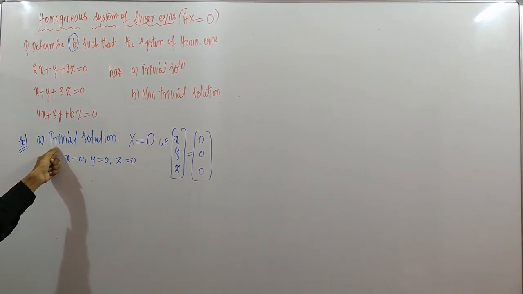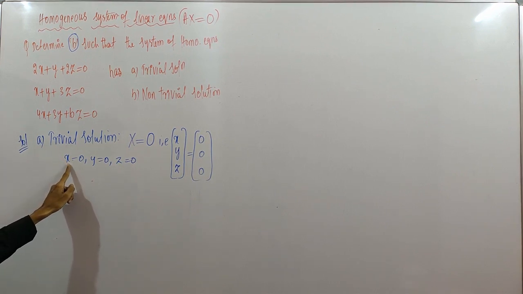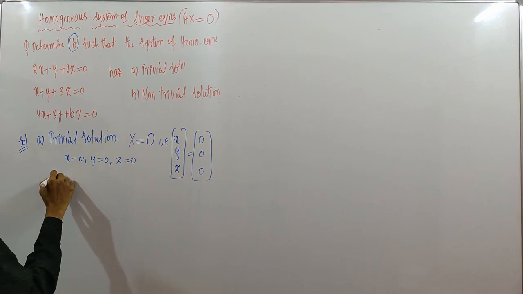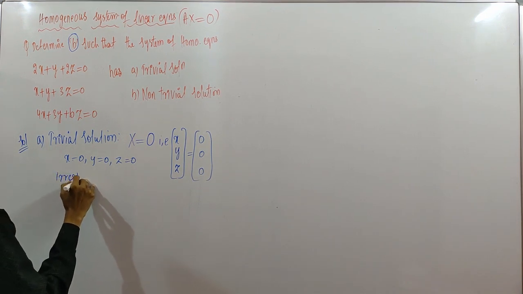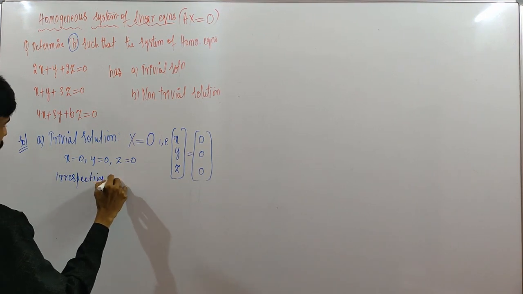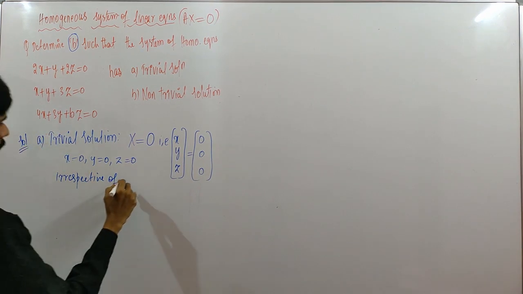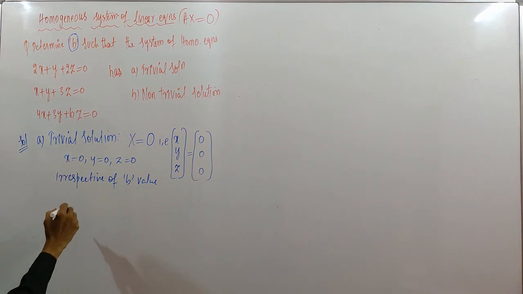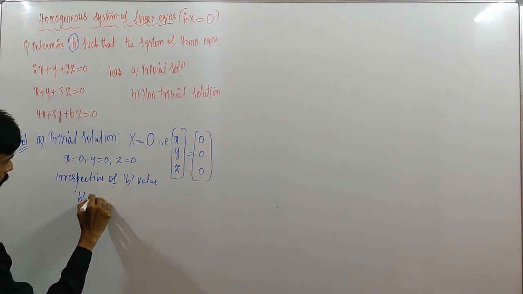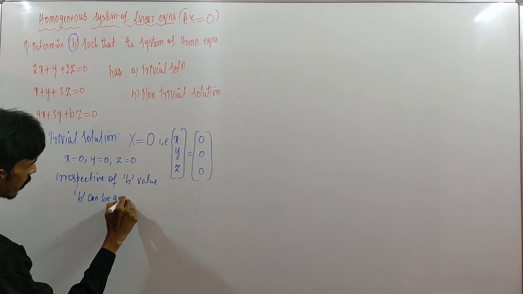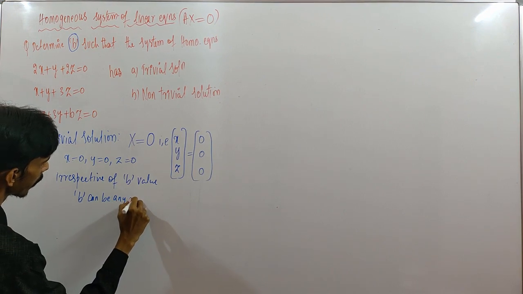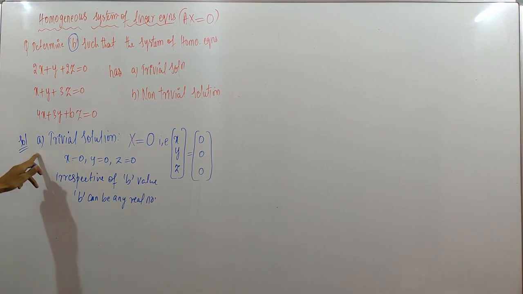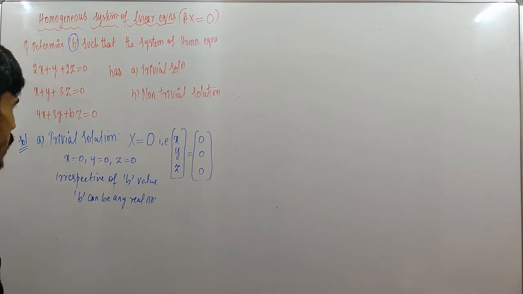So for the trivial solution, the only values for x, y, z are 0, irrespective of the b value. That is, b can be any real number. Now let us solve for the non-trivial solution.